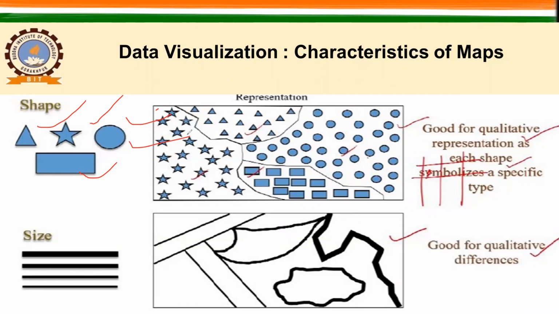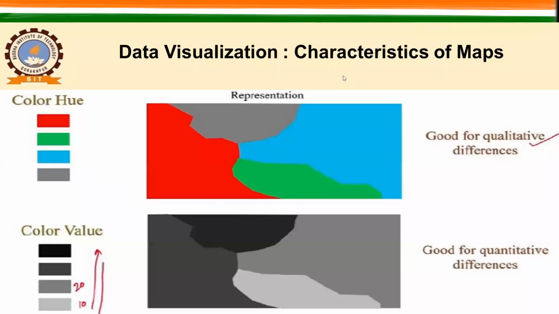Then you can use the thickness of the line that also helps to represent your data. So this is also for a qualitative differences. Now the next is your color blue. Okay, now in one slide you see, here there is blue color. Okay. Where you can use this different colors or different intensity of the color, but here not only one single color is different in different intensity, that will fall under the next category.